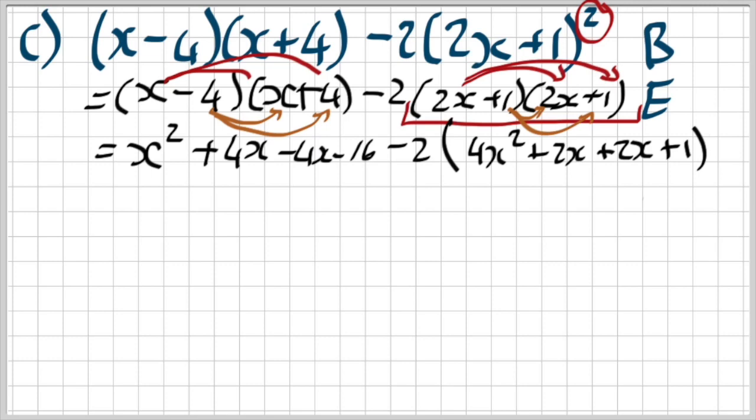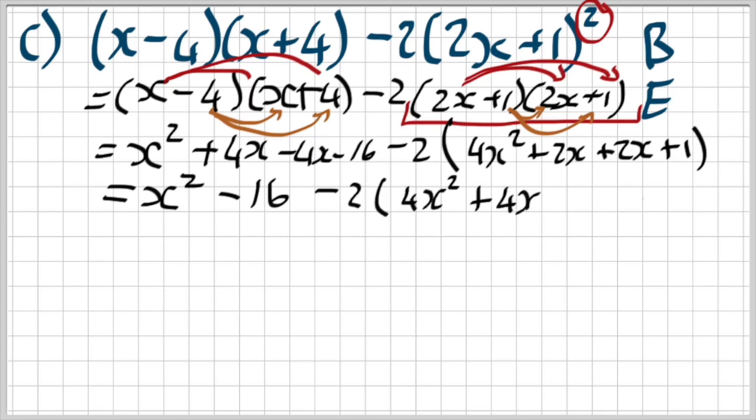What am I to do now? I still don't have the brackets gone. But before I get rid of the brackets, let's just simplify a little bit. So if I add the like terms, I've got x squared minus 16. Then I've got minus 2. And in the back brackets, I've got 4x squared plus 4x plus 1.